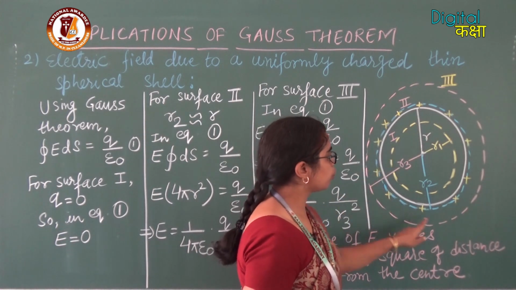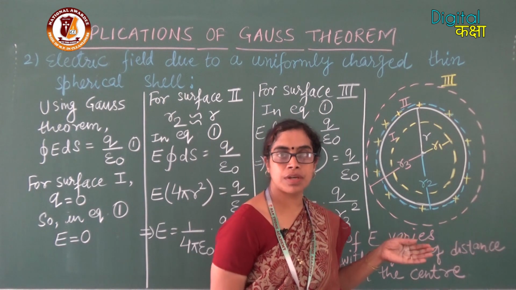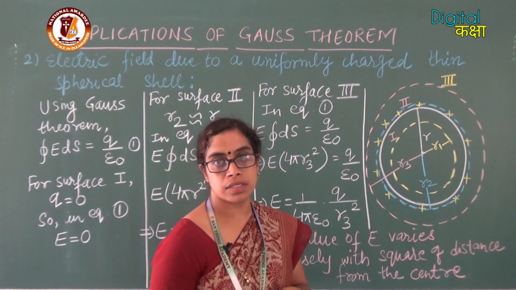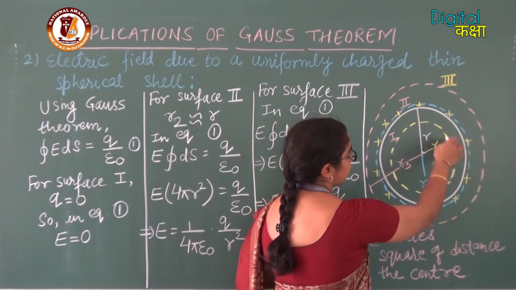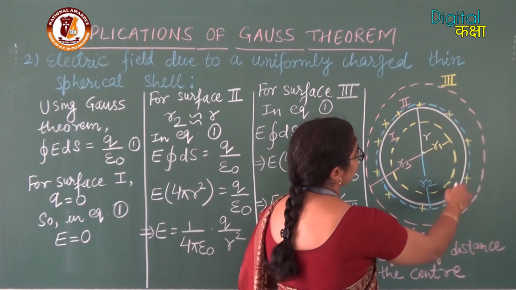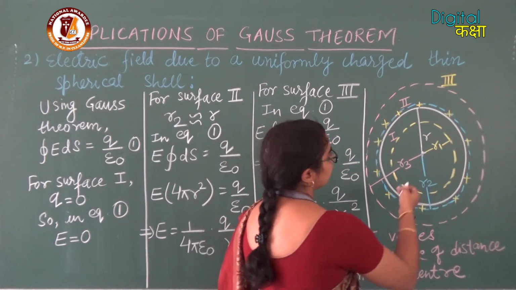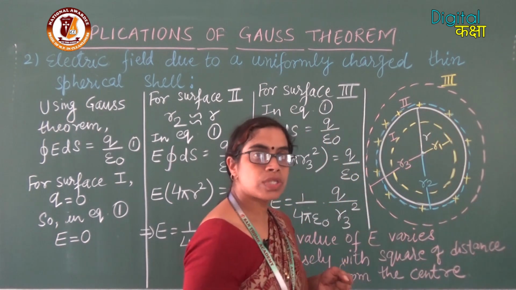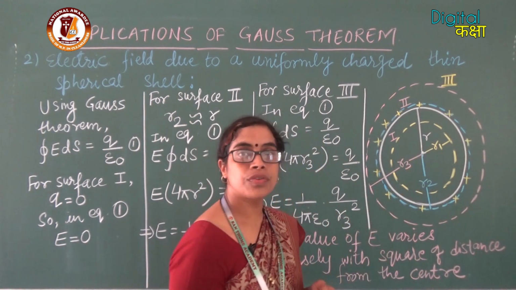When the charges are distributed over this shell, there are 3 possible Gaussian surfaces which are shown in the figure with 3 different colors. The first Gaussian surface is drawn inside the shell with yellow color. The second Gaussian surface is drawn just outside the shell with blue color, and the third Gaussian surface is drawn completely outside the shell and it has the radius r3.